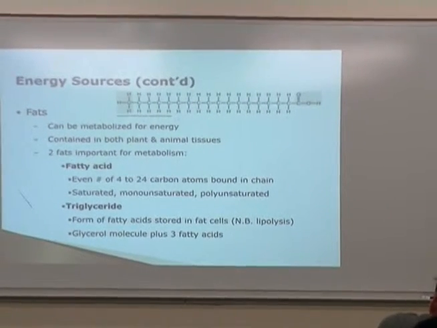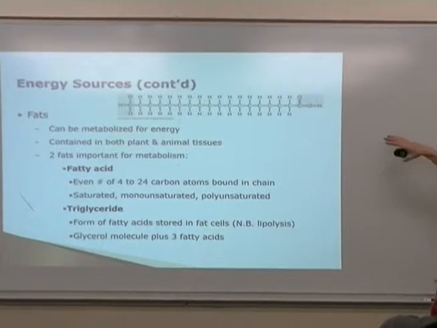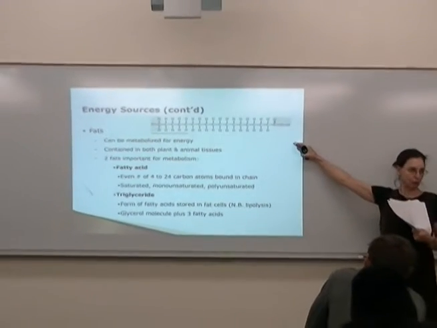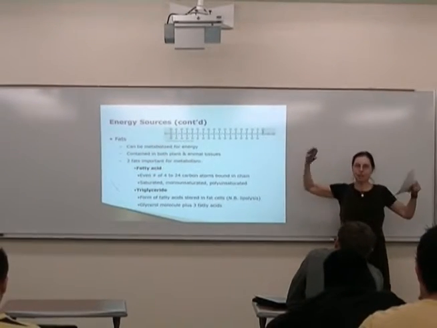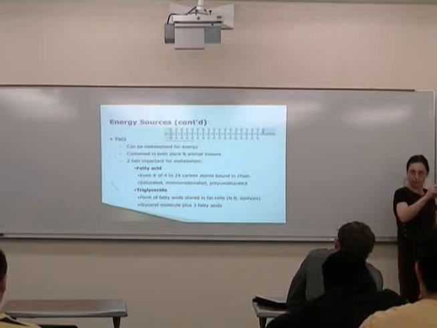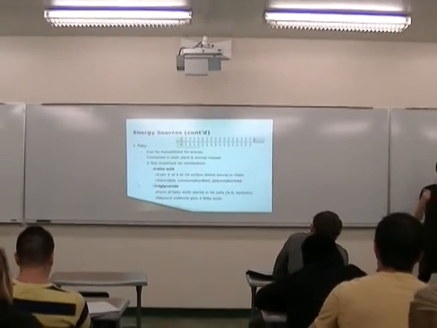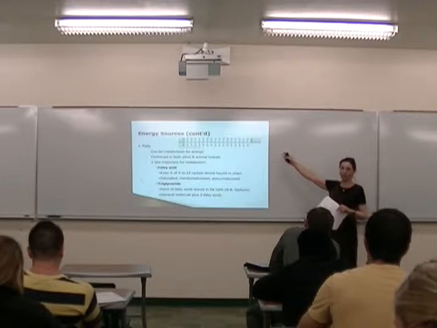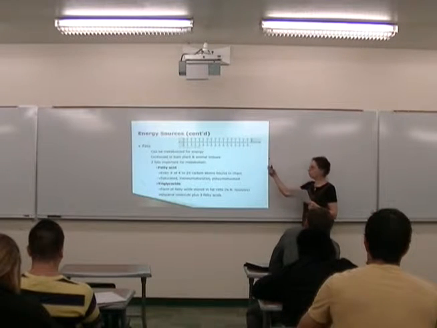Fats are very, very big molecules, so they can provide a lot of energy, but it takes a little bit longer to get at it because I've got to break down the molecule to get at the energy bonds in the molecule. So it just takes longer, but it means they're a very, very good source of energy for us.